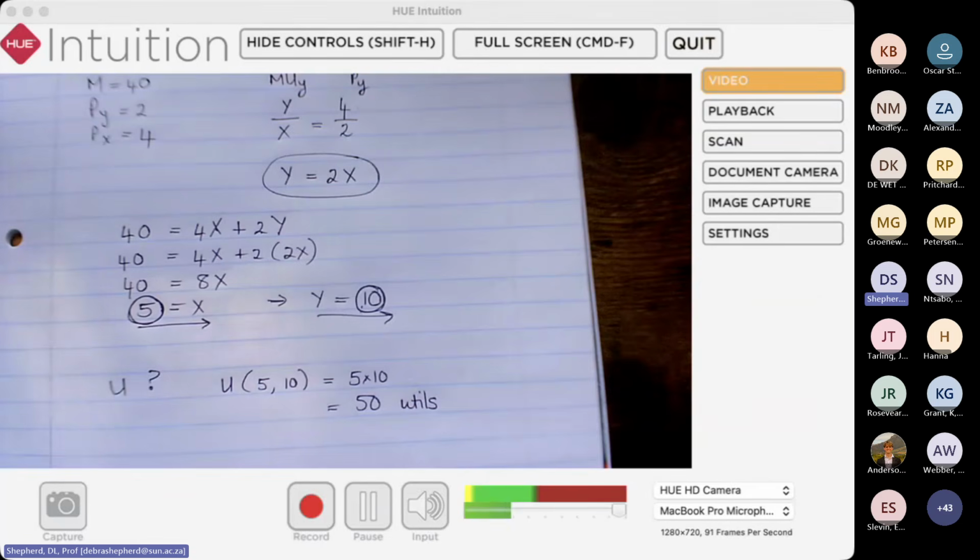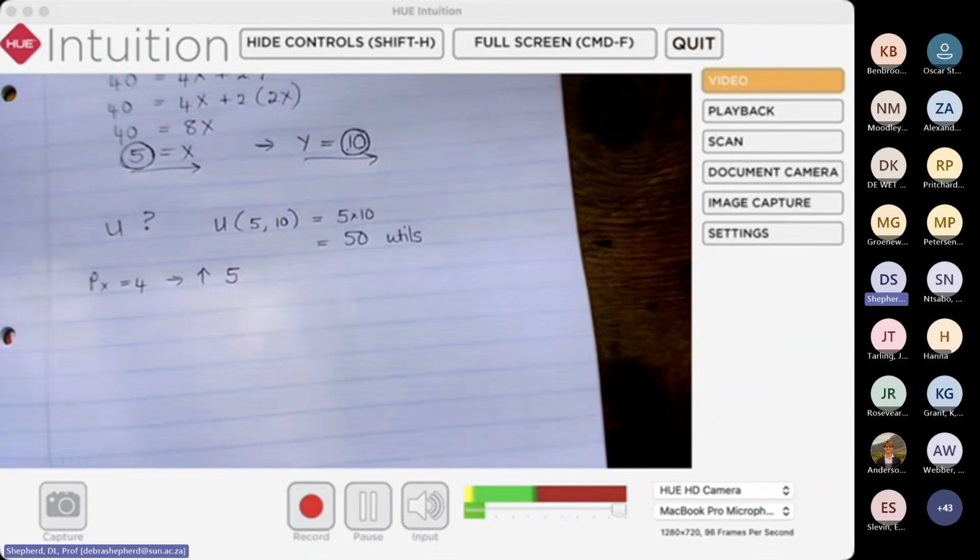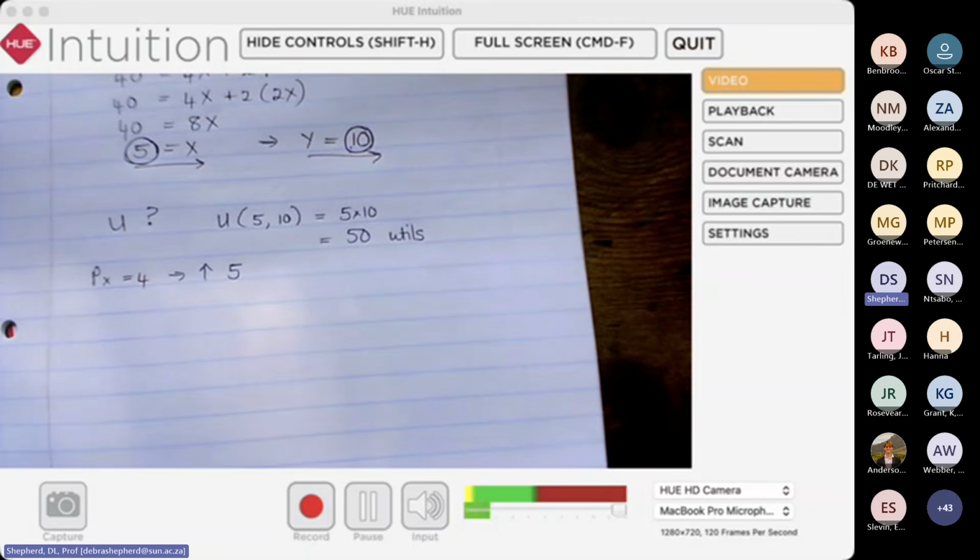So the price of X now increases to 5. The price of X used to be 4, but now it rises to 5. How is this going to affect her best affordable bundle?